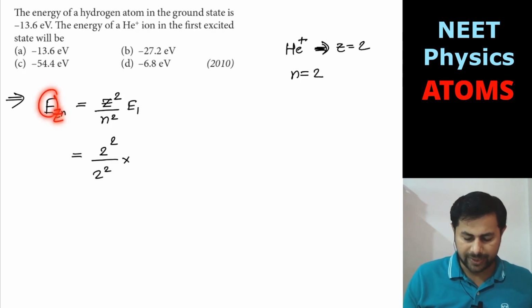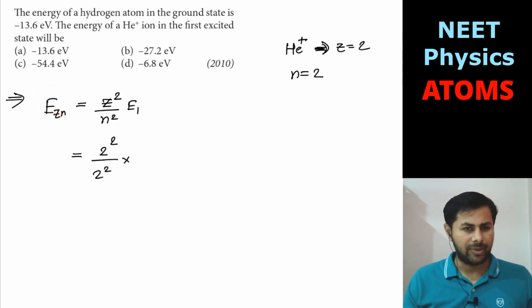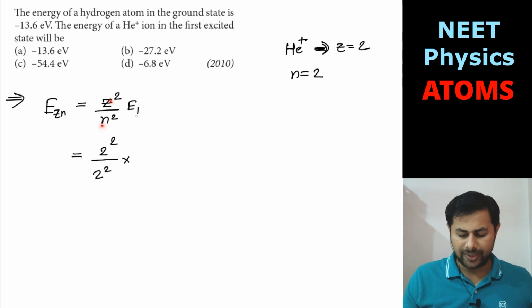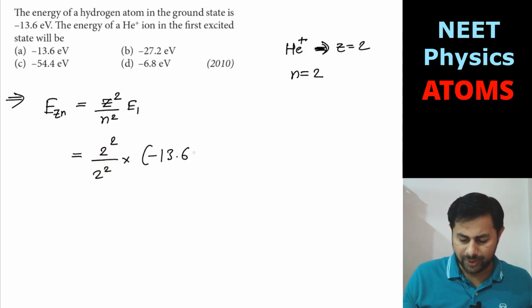Energy of a hydrogen-like atom having atomic number Z, and it is the energy of the electron in the nth orbit, where the principal quantum number is n. So it is Z square by n square times E1. Z is 2, n is also 2, so this gets cancelled out, and E1 is minus 13.6 electron volts, and therefore the answer is just minus 13.6 electron volts.